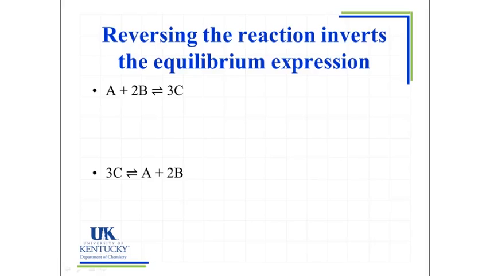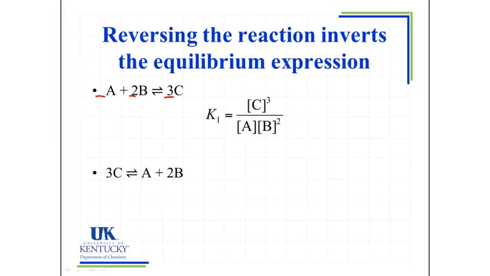The first thing we can see is that when we reverse the reaction, we invert the equilibrium expression. So if we look at the equilibrium expression, or the law of mass action, for our first reaction, we see K1 equals C cubed over A times B squared. And we get this from the stoichiometry of our balanced chemical equation, because we have coefficients of 1, 2, and 3.